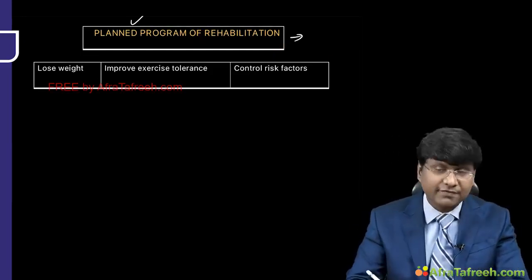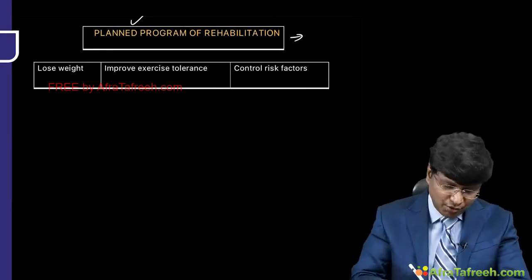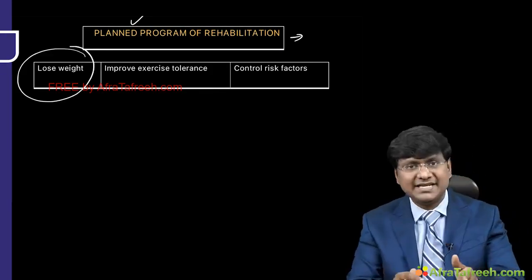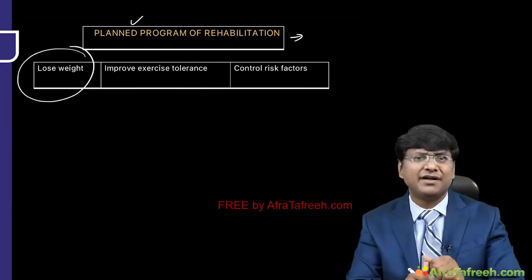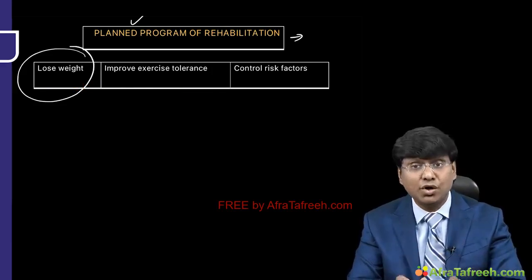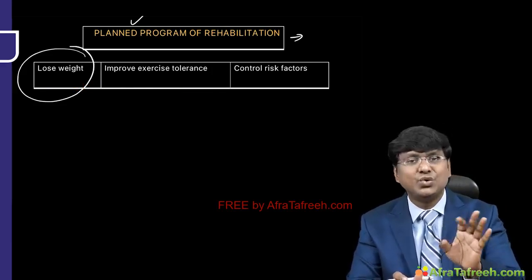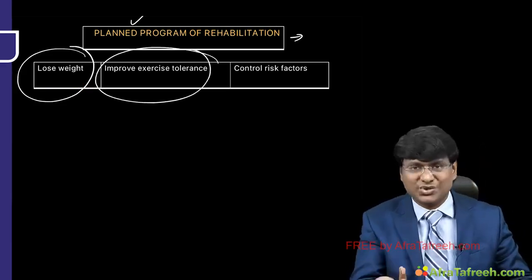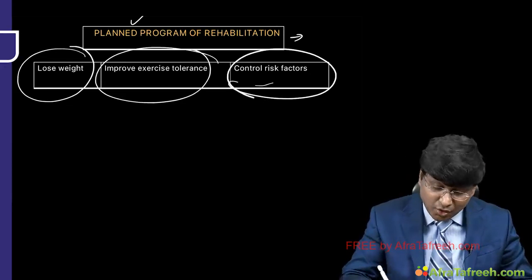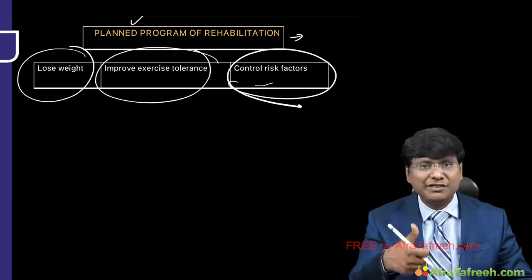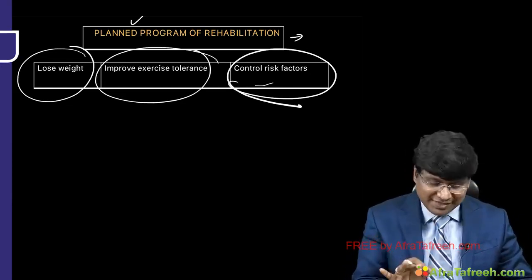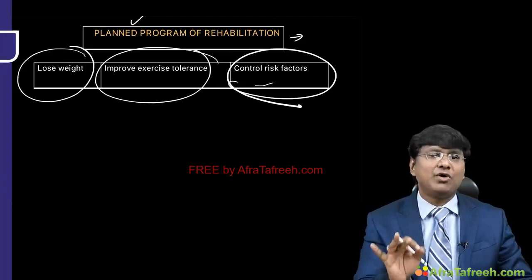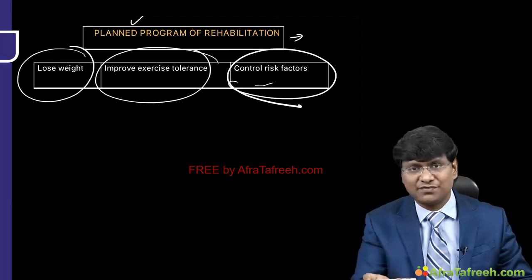It consists of encouragement to lose weight, because obesity is one of the important risk factors for stable angina pectoris. So encourage the patient to lose weight, to improve exercise tolerance, and to control the risk factors with more confidence. This is what a planned program of rehabilitation consists of.